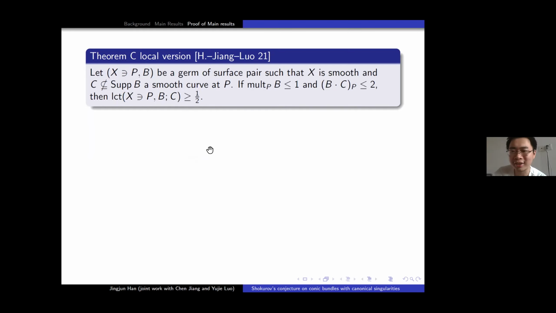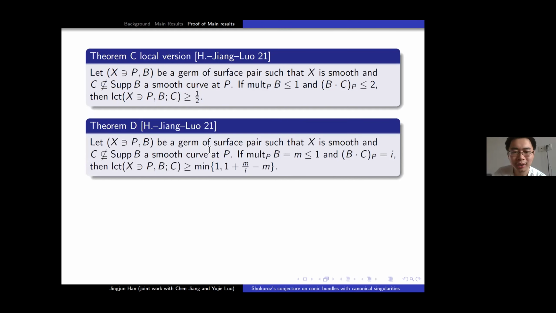And this is our last step, to show this local setting. Indeed, we show a more general statement. We show that if the multiplicity of B is equal to m, which is less than 1, and if we fix the local intersection to be I, with no assumption on I being less than or equal to 2, so this is a more general setting, then we can show the log canonical threshold is larger than or equal to the minimum of (1 plus m) over (I minus m).